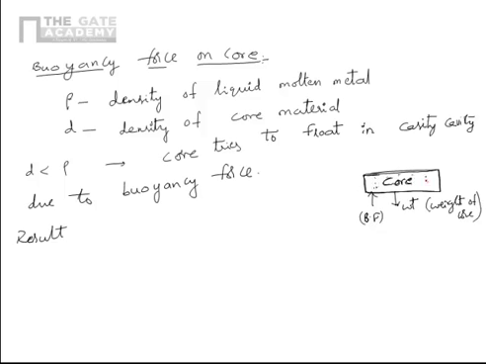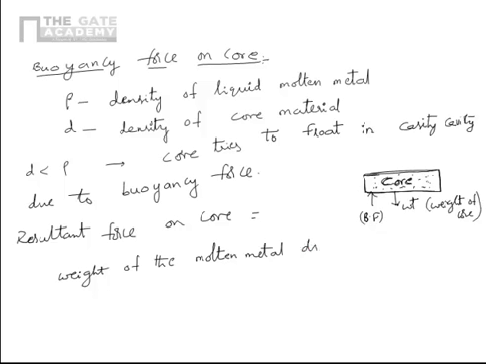Once you pour the molten metal into it, the resultant force on the core equals the weight of the molten metal displaced minus the weight of the core.